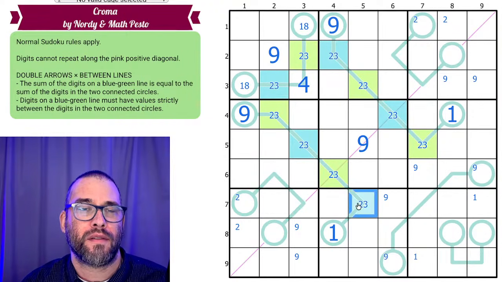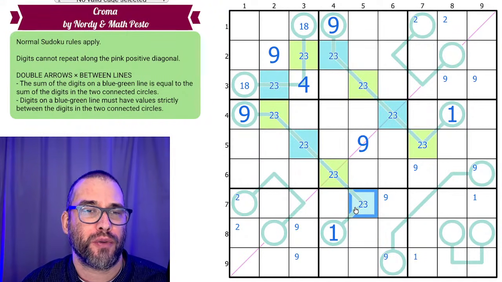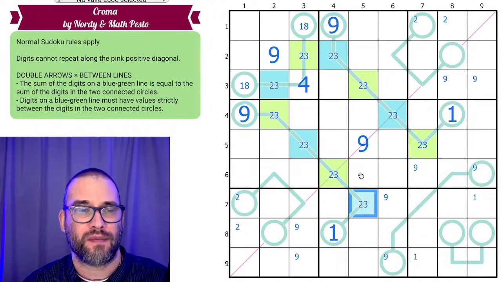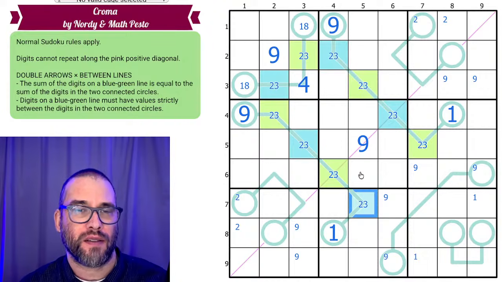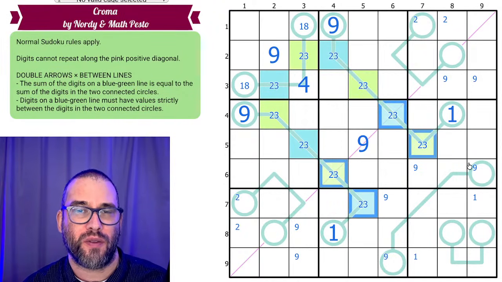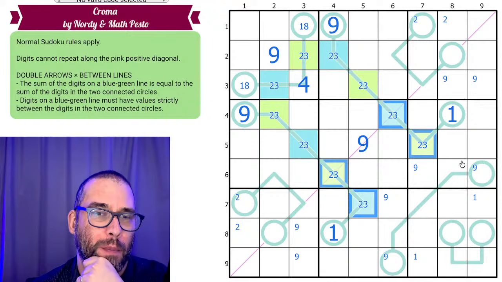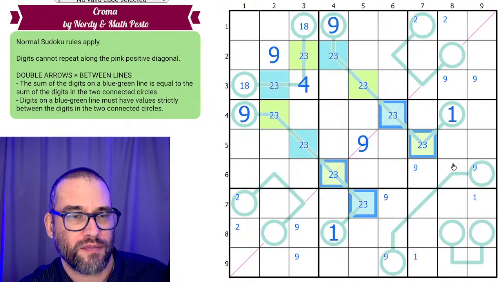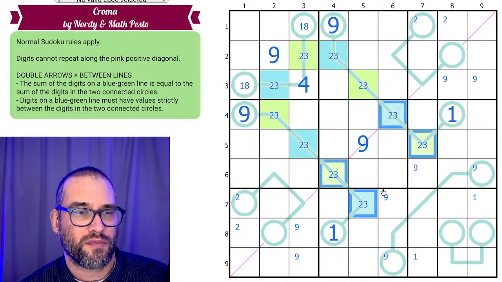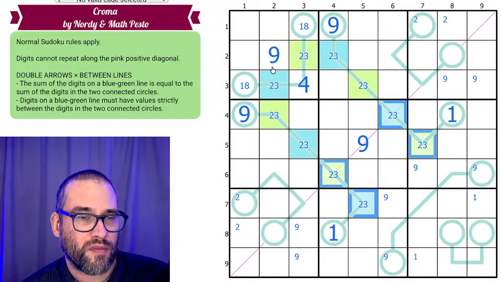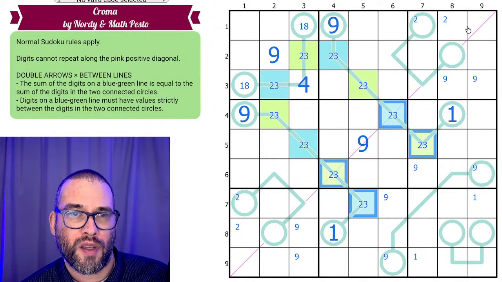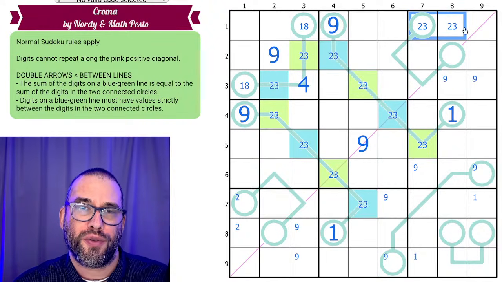But surely this has to be a 2 now. Oh, not necessarily. I see. This is where the degree of freedom gets used up. Yeah, we get 2, 3 pairs here.